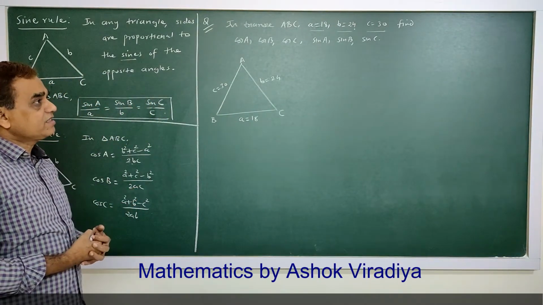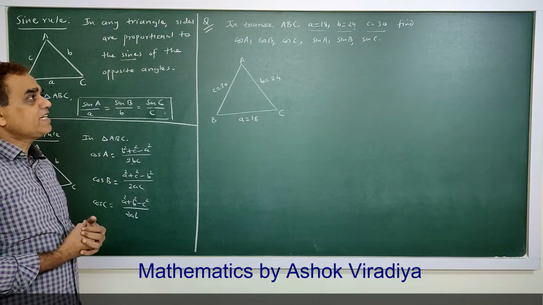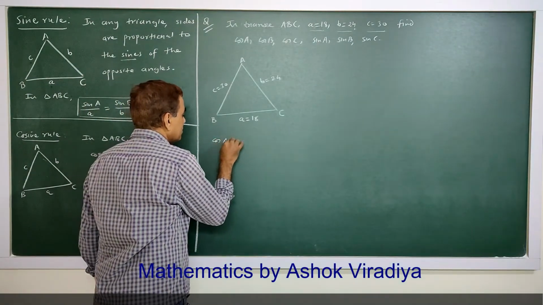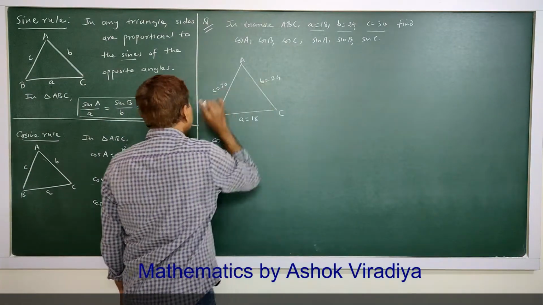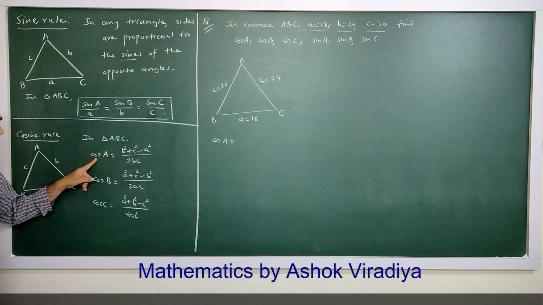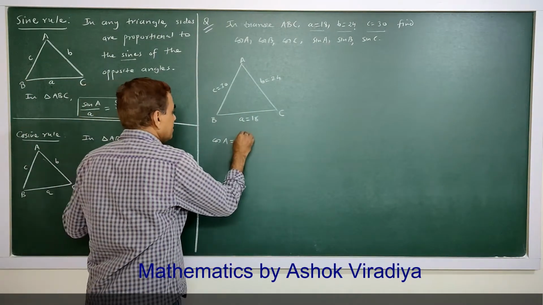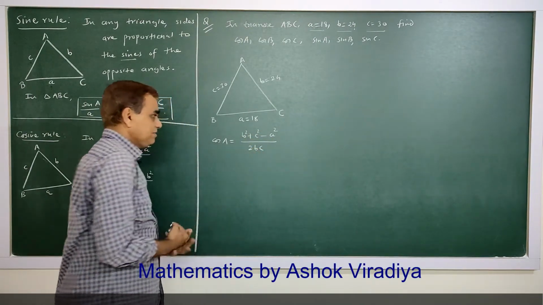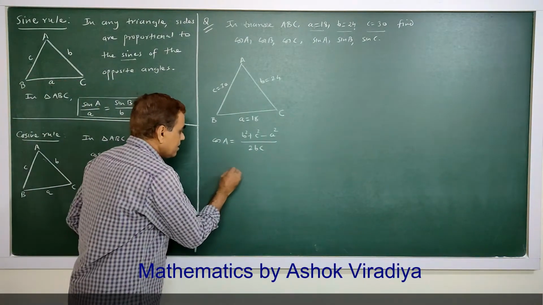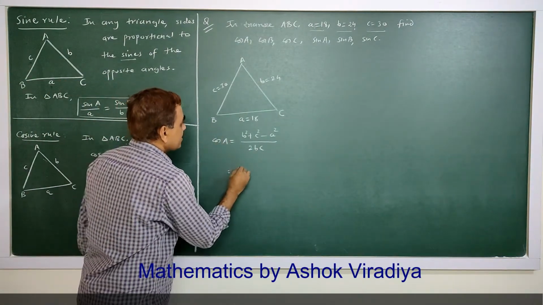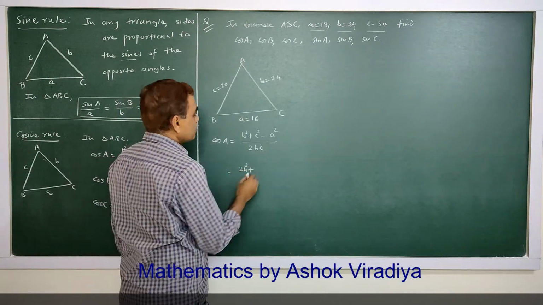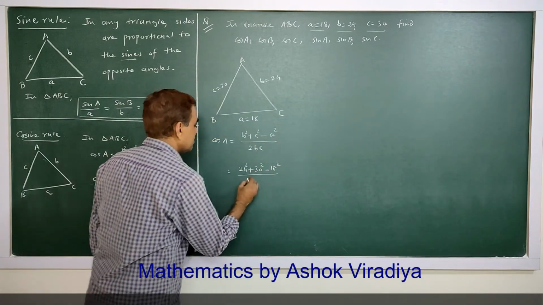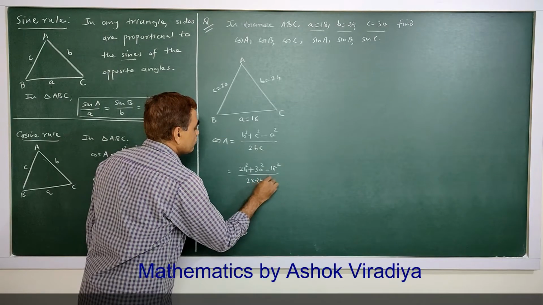Now we want to find the cosine and sine values of the angles. So cosine A is, because we are given small a, b, c, putting the values in this formula, b square plus c square minus a square upon 2 into bc. b square is 24 square, c square is 30 square, minus a square is 18 square, upon 2 into b into c.